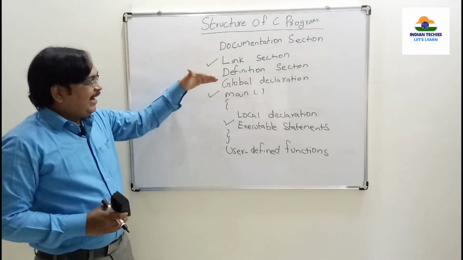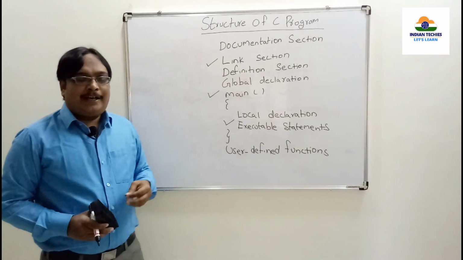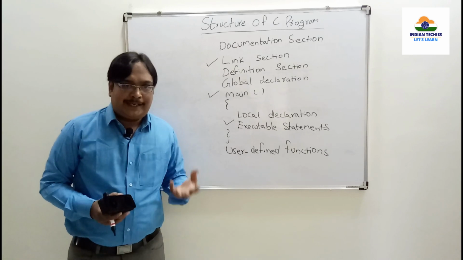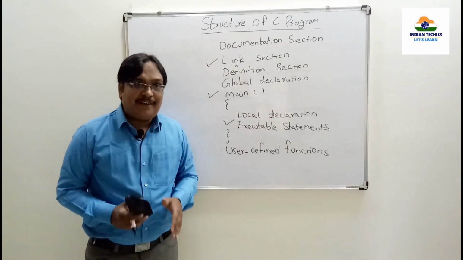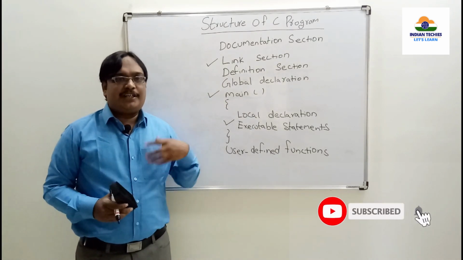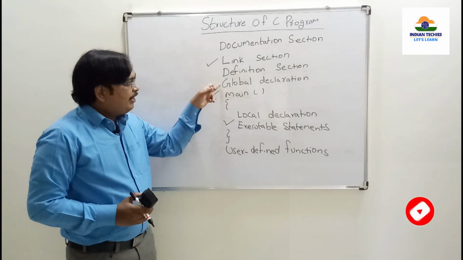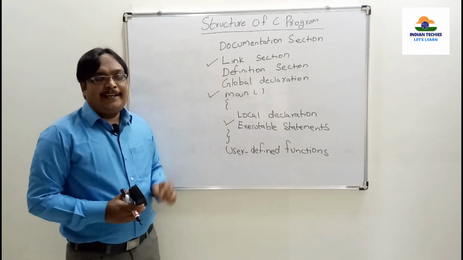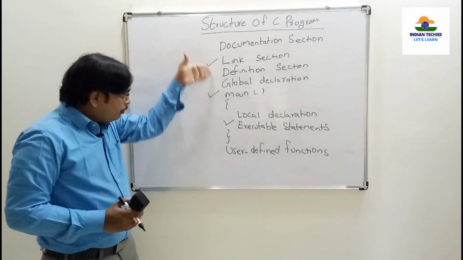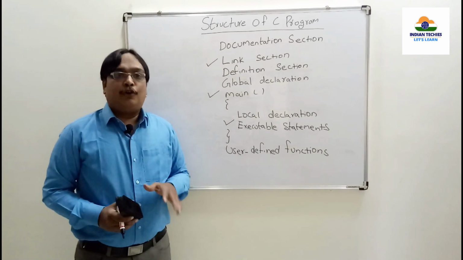If you write any values before main, that may be integers, characters, fraction values, any values, we will have this declaration and cover data types in detail in upcoming classes. If you write anything before main, those values are accessible anywhere in the program. That is the meaning of global.